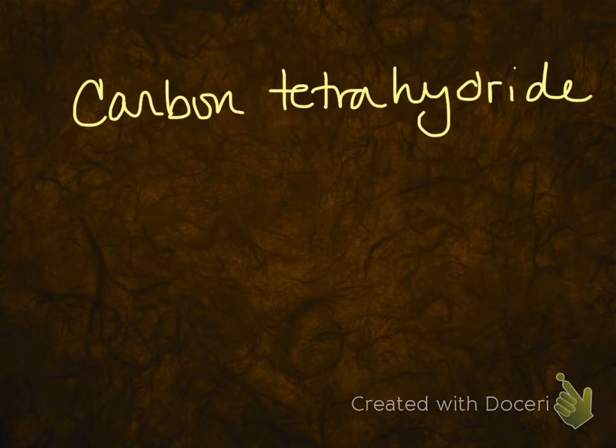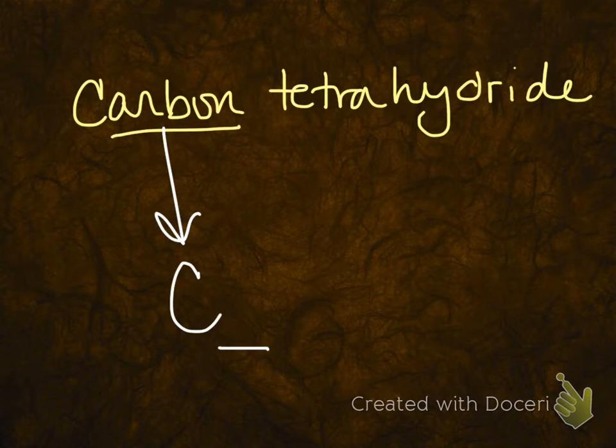Okay, once again we have a molecular compound. I know that the first element here is carbon. What's my subscript? Well, there's no prefix on the carbon because carbon's in the first position. So the lack of a prefix means there's only 1 carbon. Same rule that we've used for ionic compounds applies, and we don't write a subscript if there's 1 of the atom. Tetrahydride.